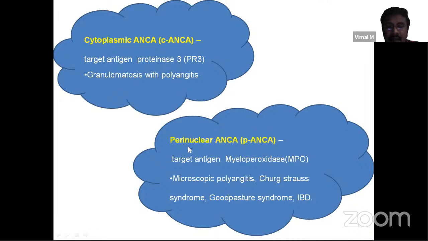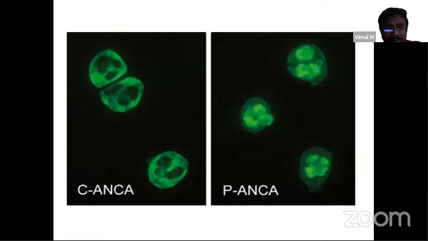And P ANCA is seen in conditions like microscopic polyangiitis, Churg-Strauss syndrome, Goodpasture syndrome, and inflammatory bowel disease. So remember the conditions in which you will get C ANCA and P ANCA.